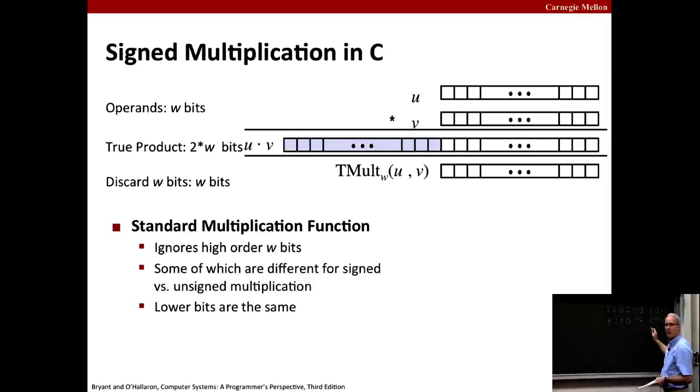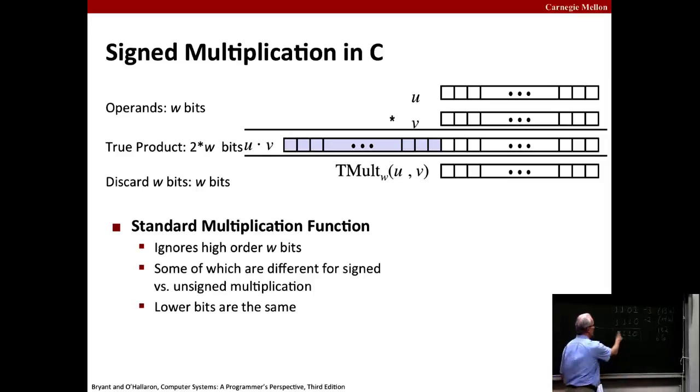So now if we multiply 13 times 14, you get 182. And that has a hex representation of B6. And so just looking at the low order 4 bits, our 0, 1, 1, 0 is 6.